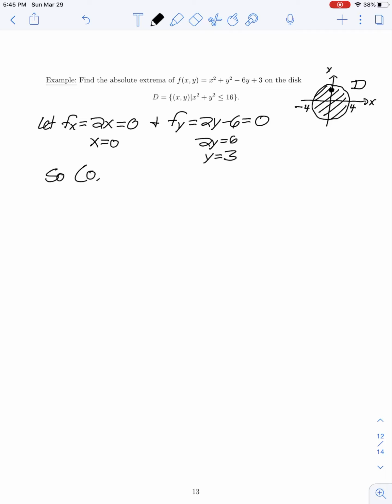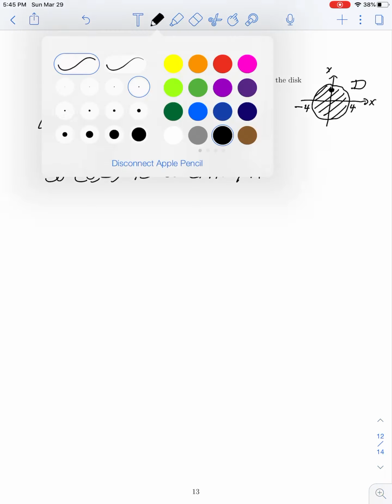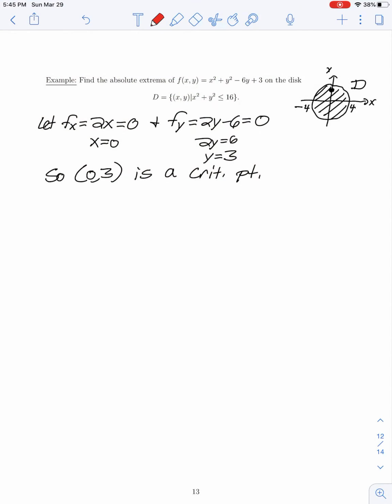So here the point (0, 3) does lie within the interior of our disk, so we will consider that point in this problem. In this case, the point (0, 3) is a critical point.